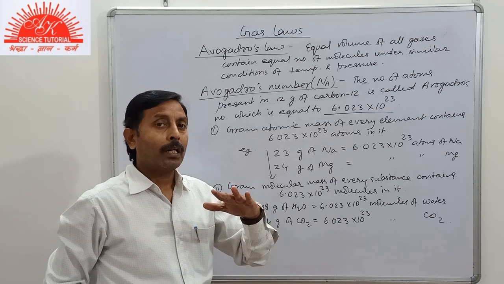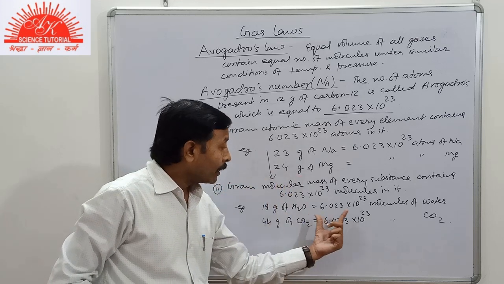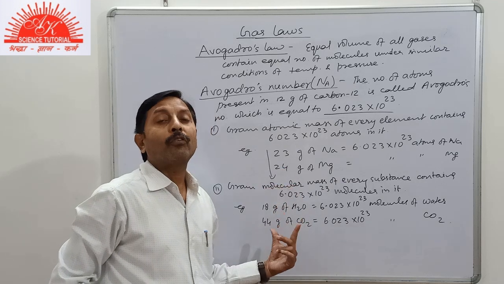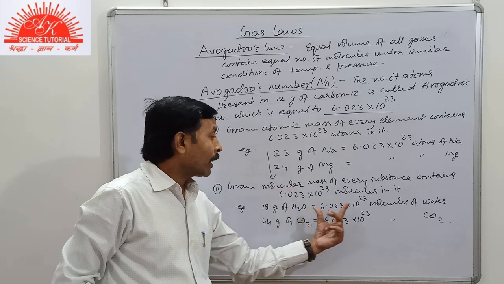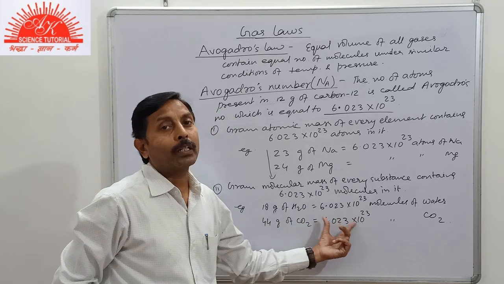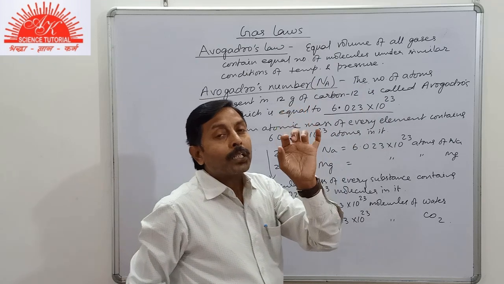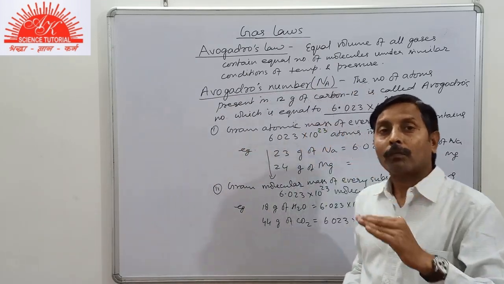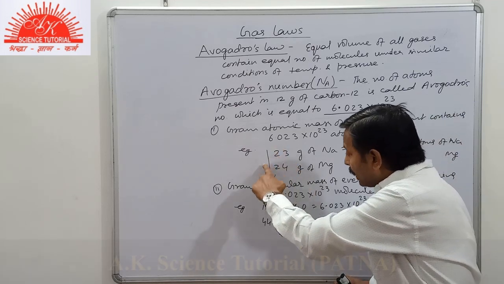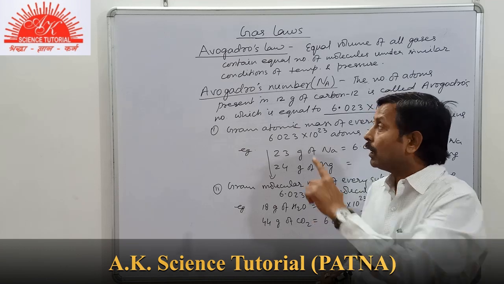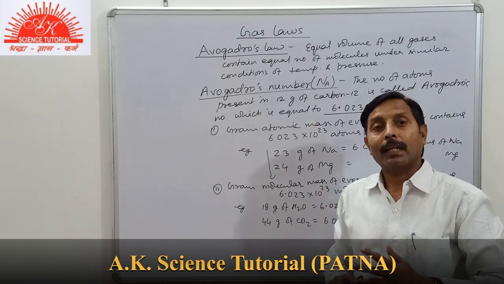Then just remember that gram molecular mass contains this much molecules. So you can write that 44 gram of CO2 contains this many molecules, then 10 gram of CO2 will contain how many molecules. You will simply use the unitary method to find out the number of molecules and mass using this relationship. So students, this is all about Avogadro's law and its applications.